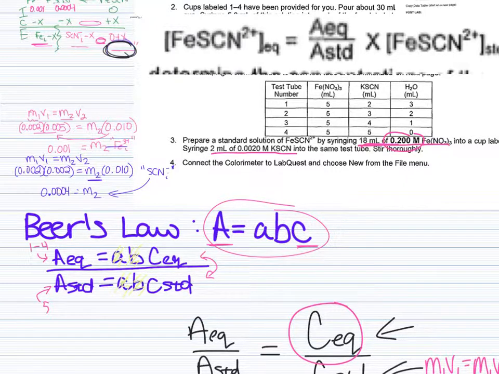So we need to know the concentration of the iron(III) thiocyanate, okay? What I want you to imagine is that the 2 mL of this is like the limiting reactant. It's going to determine how much iron(III) thiocyanate we were making, I'm sorry, this one over here for the standard, okay?